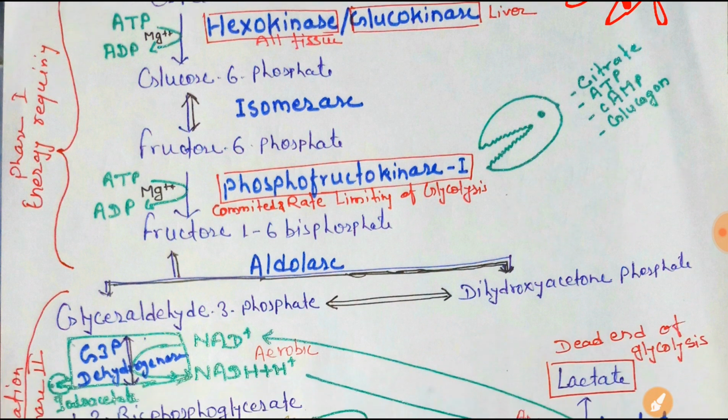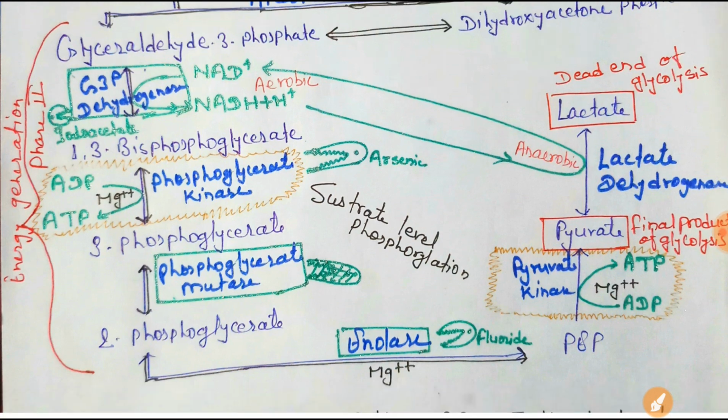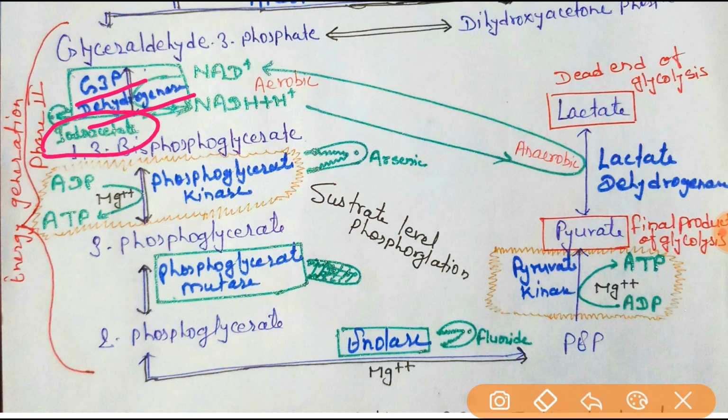Next one is glyceraldehyde 3 phosphate dehydrogenase. Here iodoacetate is the inhibitor which prevents the formation of pyruvate.